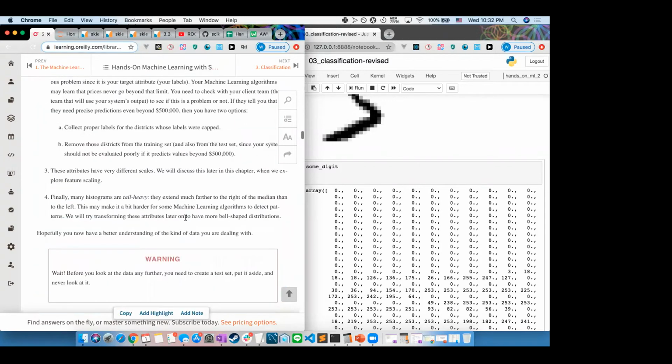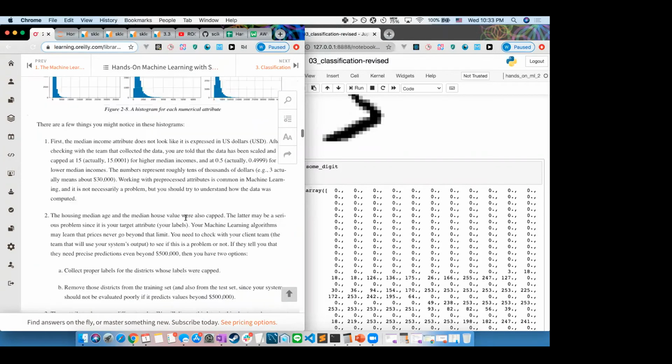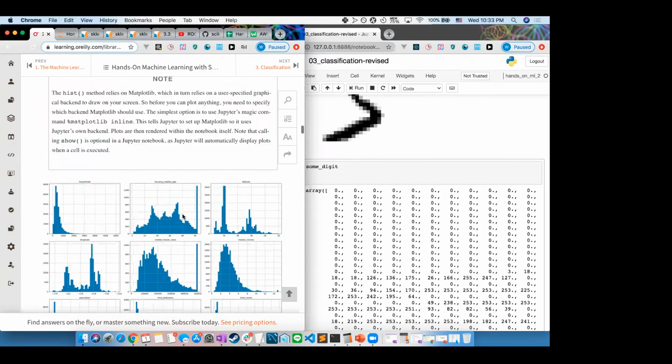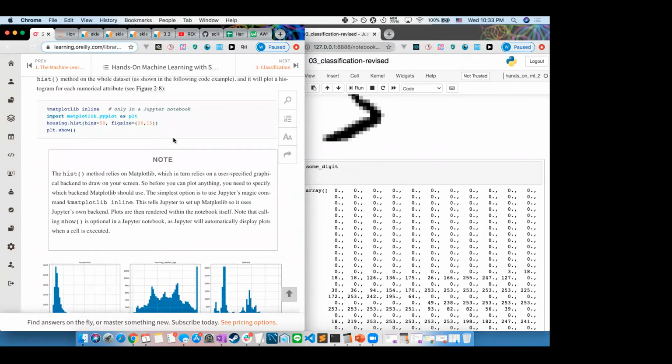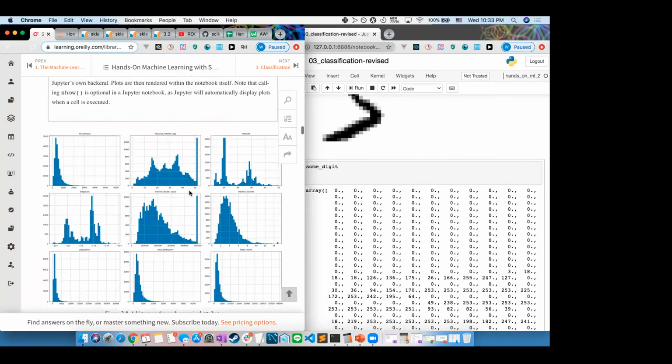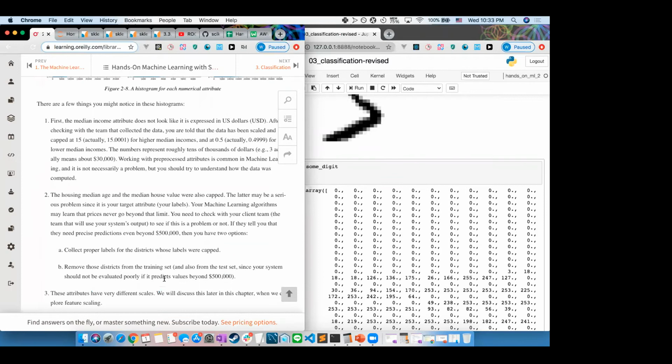But look at what he did before this. He still did some EDA, some histograms, and did some observation and made some comments here.